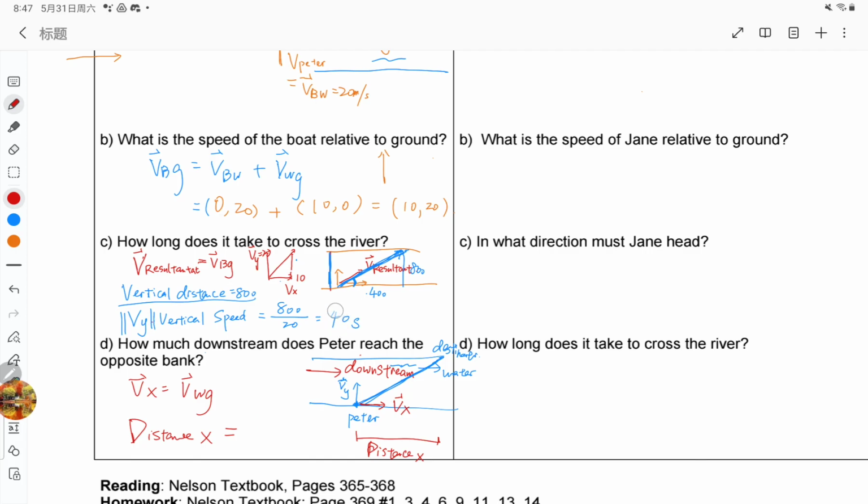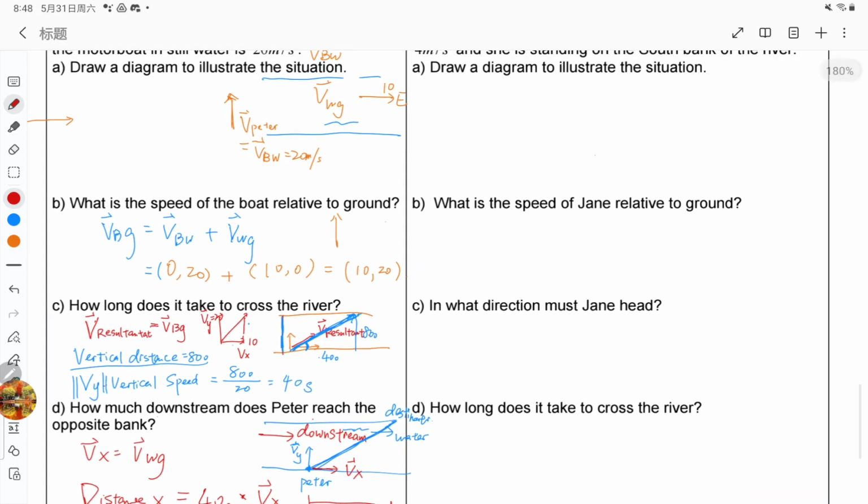The time we calculated is 40 seconds, times the speed Vx, which is 10 meters per second. So 400 meters. From the geometry, we can also deduce this, right?